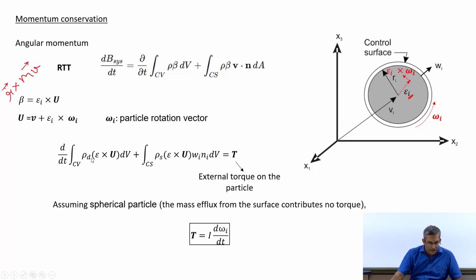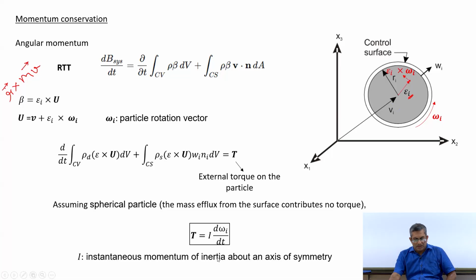Basically, if you see this part, this part does not contribute. Now, this part we can simplify to show that the torque is equal to I, where I is the instantaneous moment of inertia about the axis of symmetry, so moment of inertia times the angular acceleration, that is what we get.